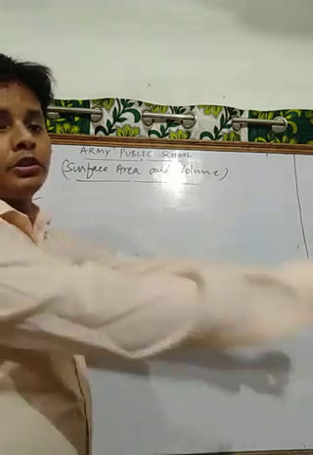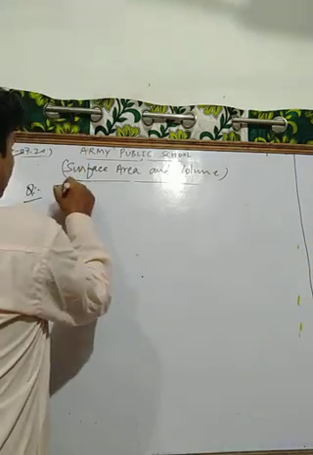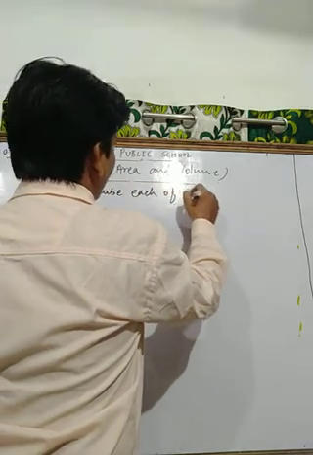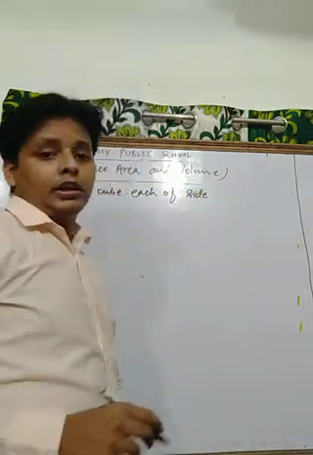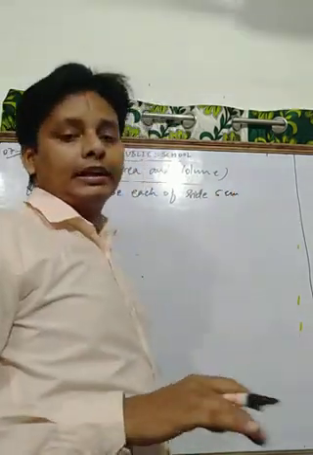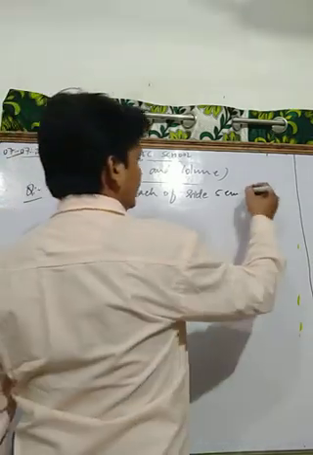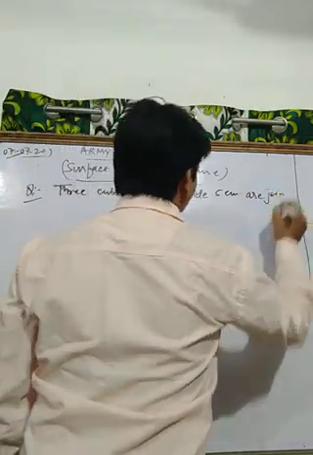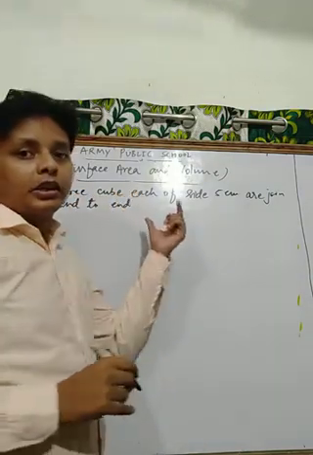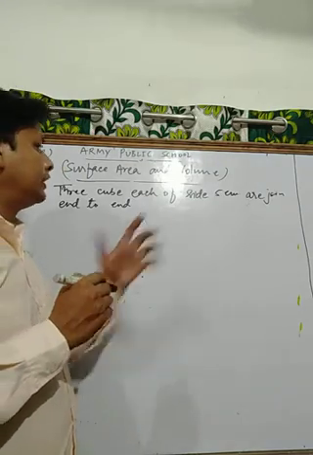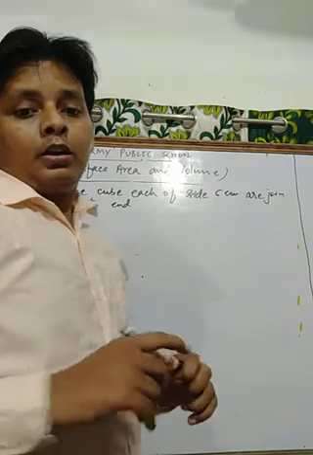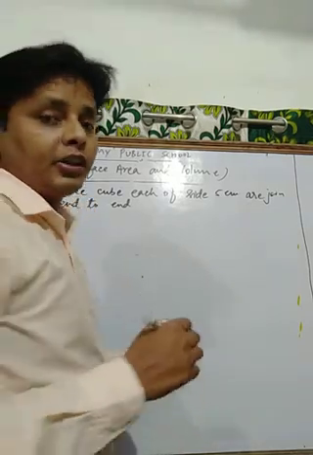Three cubes each of side 5 centimeter are joined end to end. Find the surface area of the resulting cuboid.